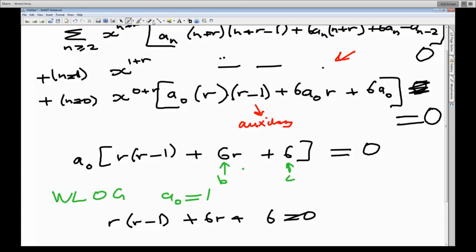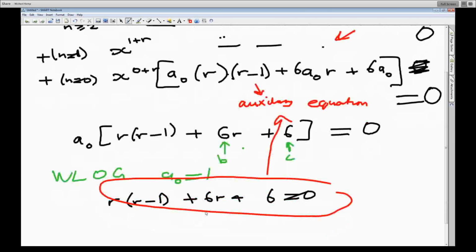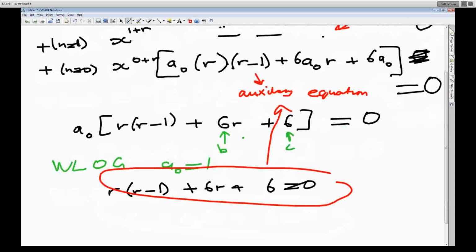So this expression here, this polynomial, is called the auxiliary equation. And what will it be? It'll be just a polynomial in r. So since we've got order 2, it's a quadratic equation, and it's just a matter of solving it.